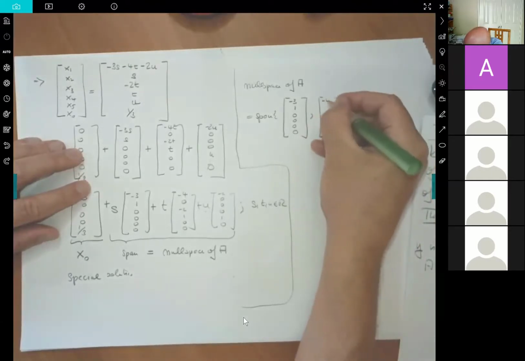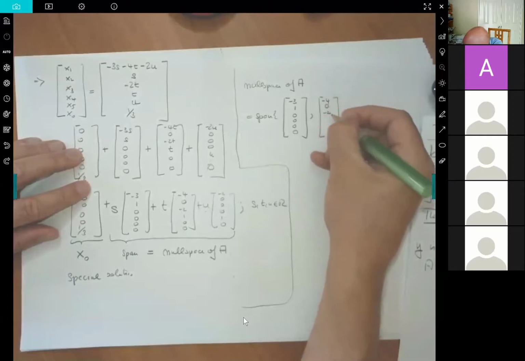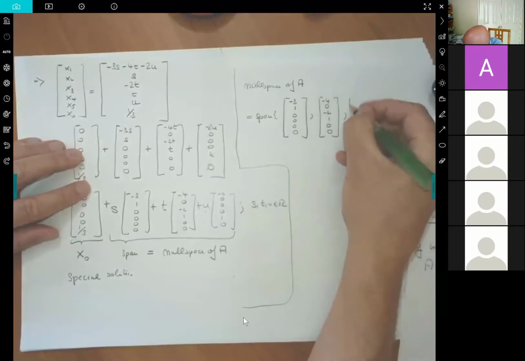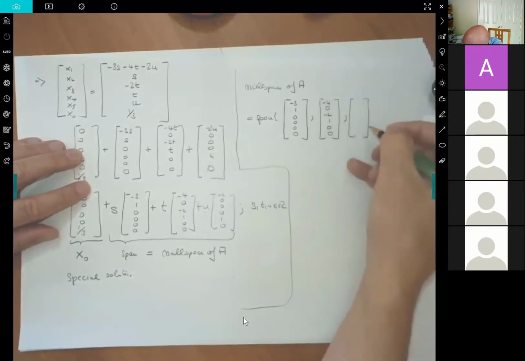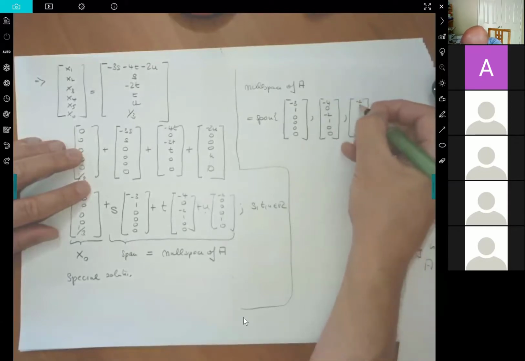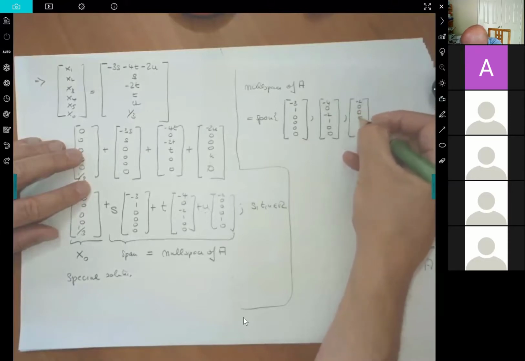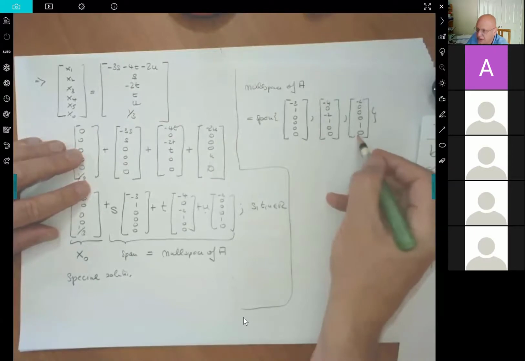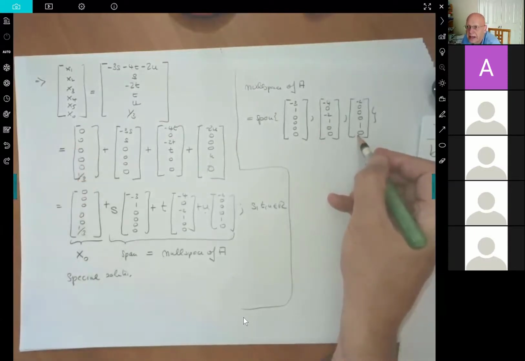Then we have minus 4, 0, negative 2, 1, 0, 0. And minus 2, 0, 0, 0, 1, 0. So these three vectors generate the null space of A.